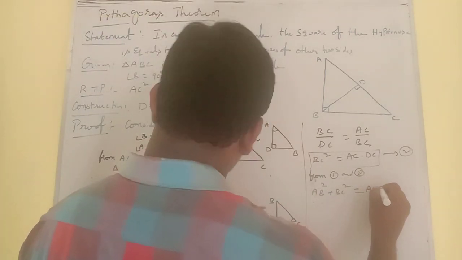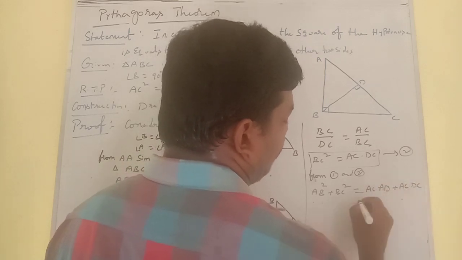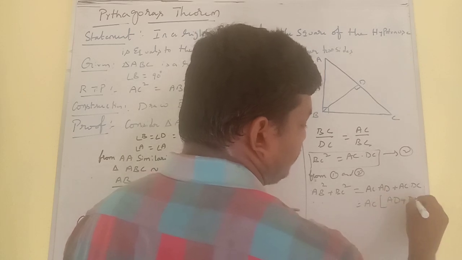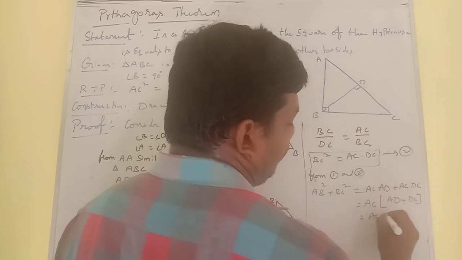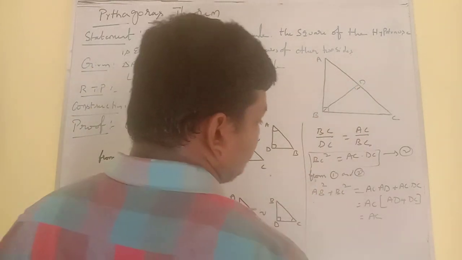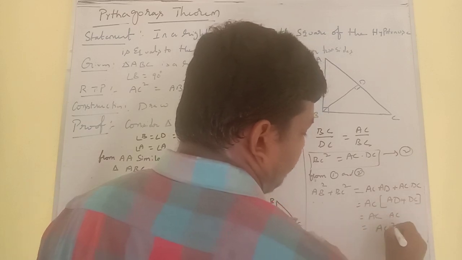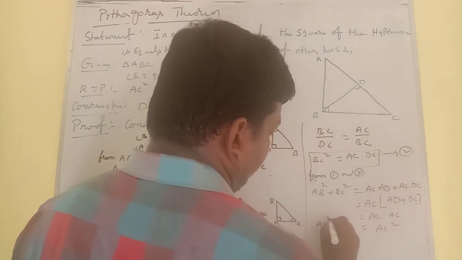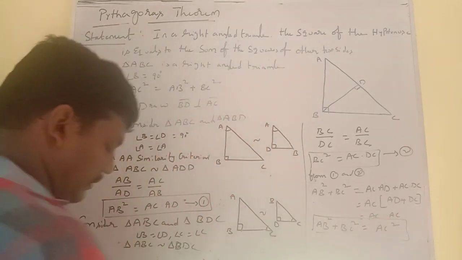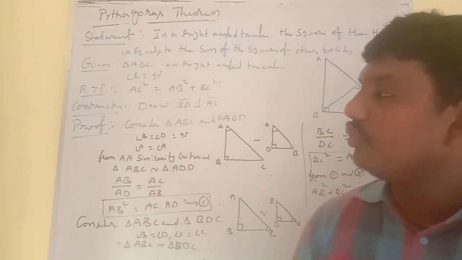AC into AD plus AC into DC. Take AC as common: AC into AD plus DC. From the diagram, AD plus DC is nothing but AC. So again this is AC, and now it is AC square. Now AB square plus BC square equals AC square. This is proved. Now the Pythagoras theorem is proved.